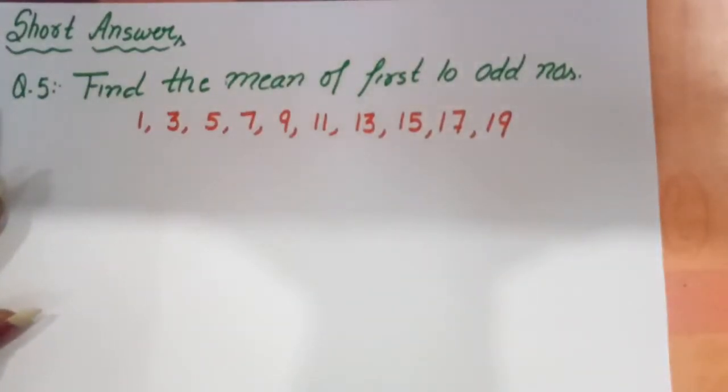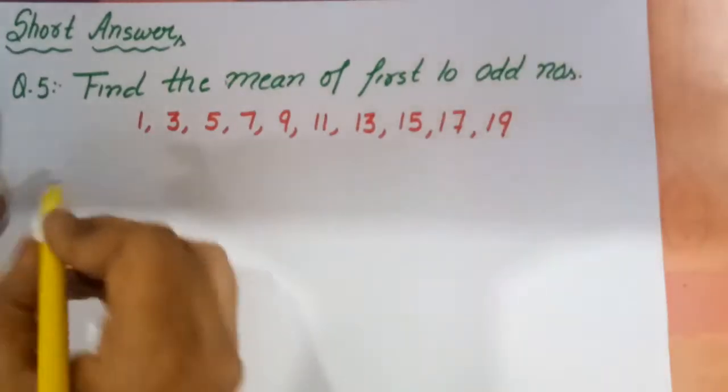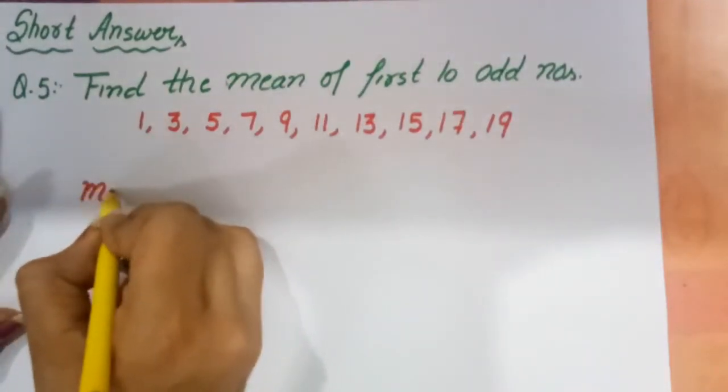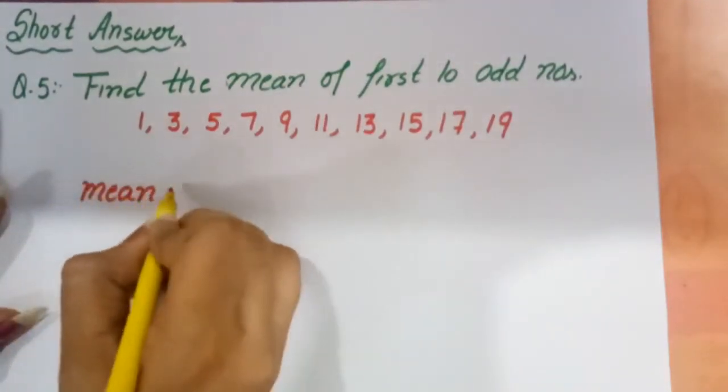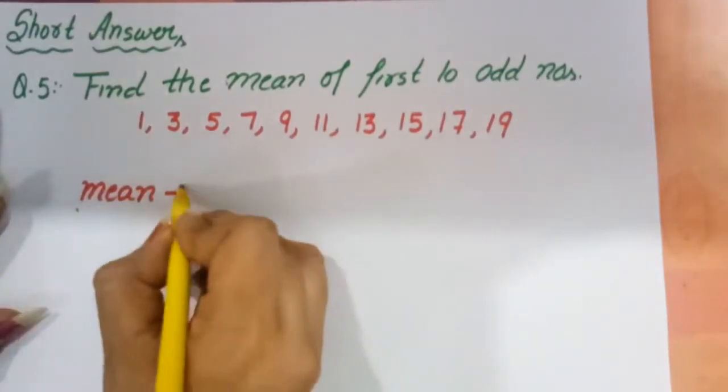Now we have to find out the mean of these terms. As you all know, the formula of mean is the sum of all terms divided by the number of terms.